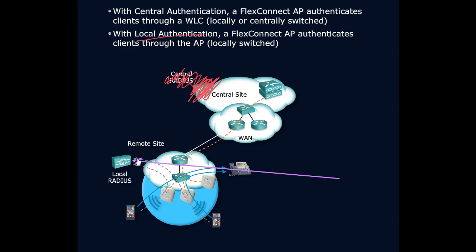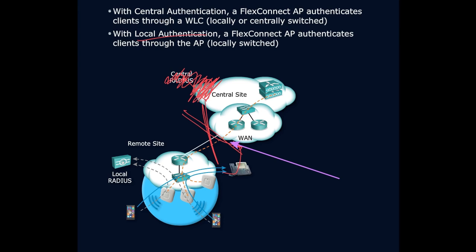They come up, they authenticate with this RADIUS server, and then we have authentication that takes place and we're locally switched. We're fine. Even if this link drops, like we talked about, if this link drops and we are locally authenticated and locally switched, we are fine. Right? Because we have the ability to do local switching. If we are locally authenticated and locally switched, that provides us with a bit of safety, doesn't it?